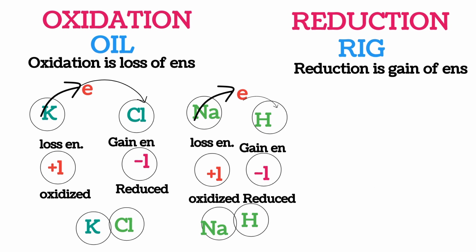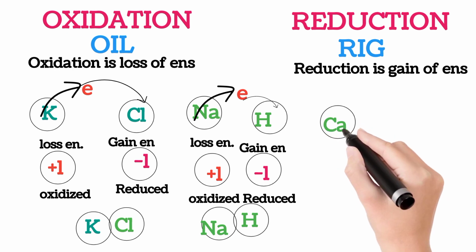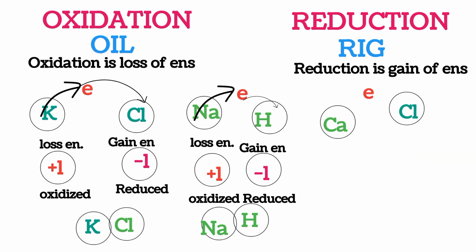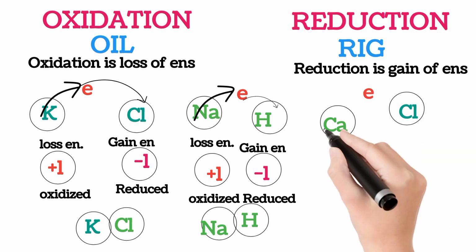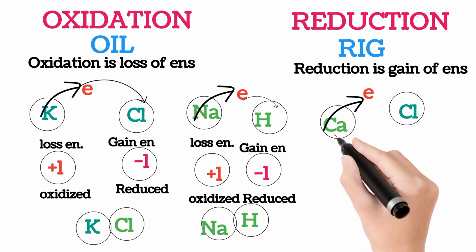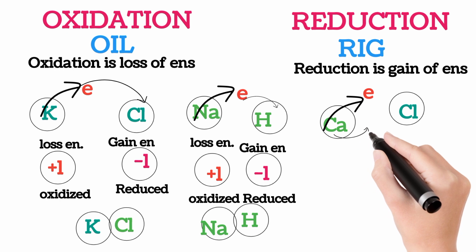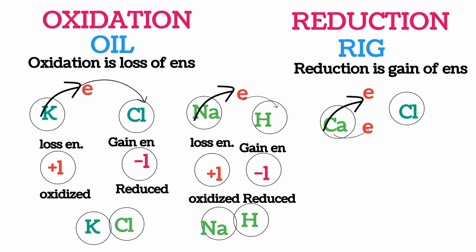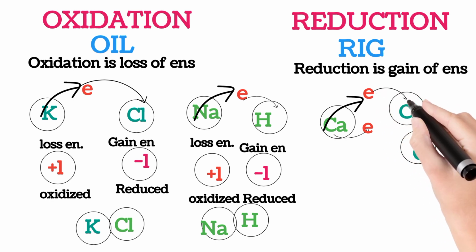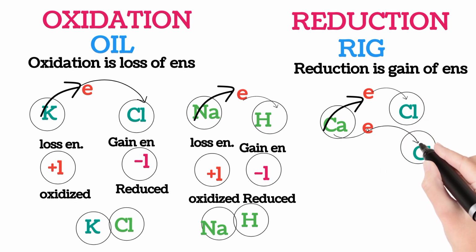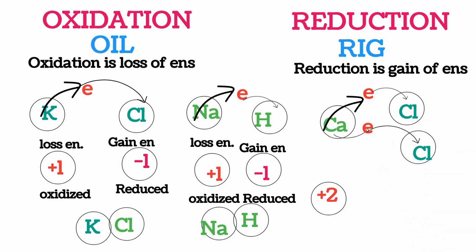Let's look at another example. If calcium reacts with chlorine, calcium will lose 2 electrons. And because a chlorine atom can only accept 1 electron, 2 chlorine atoms will pair up to accommodate the 2 electrons. So each chlorine atom will take 1 of the electrons contributed by calcium.